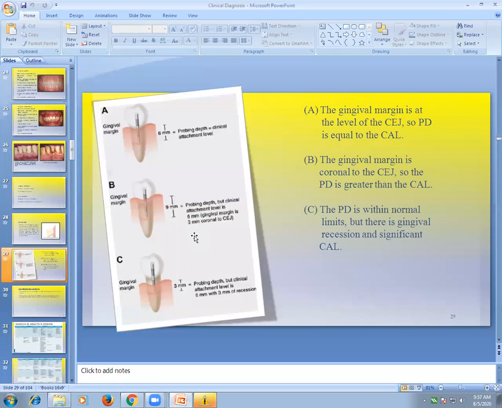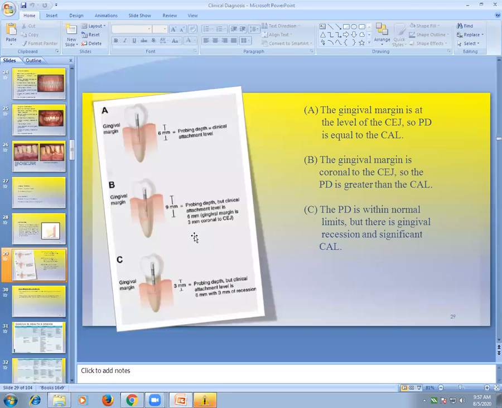So mainly 5 findings: pathologic tooth migration, probing pocket depth, clinical attachment level or loss, then mobility and percussion. All of you got this?